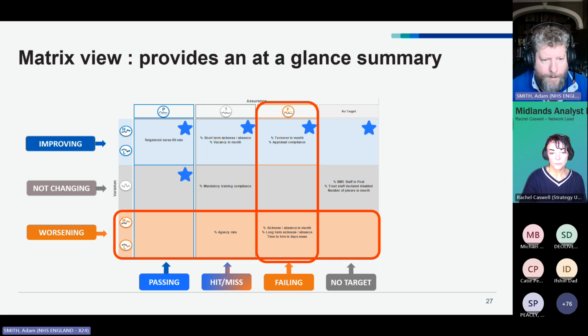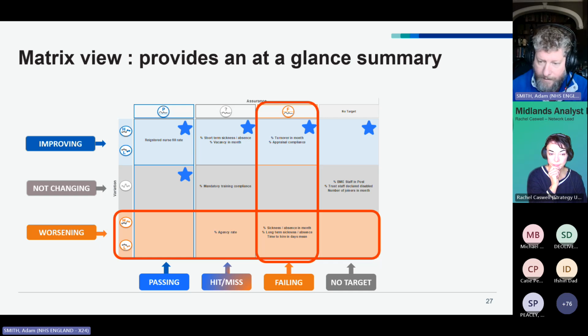So really, we want to be focusing on these bottom ones, anything that's worsening and failing the target. Particularly, anything that's failing the target, we might want to have a look at. Although, on that note, we know that a lot of measures, things like A&E, have consistently failed the target for years and years and years. So, in those cases, we aren't that worried if it's in the common cause or in the improving.